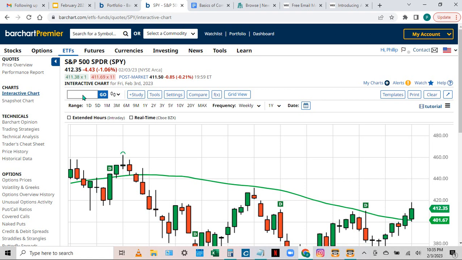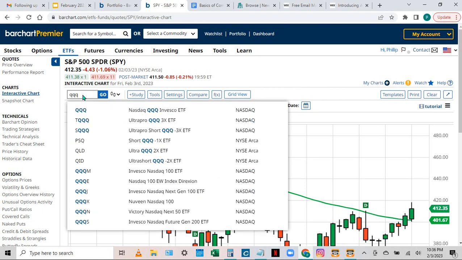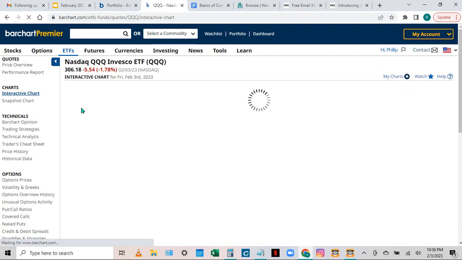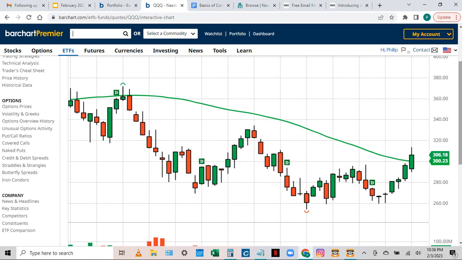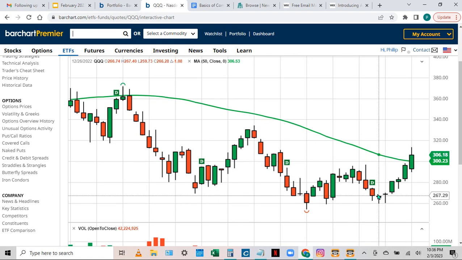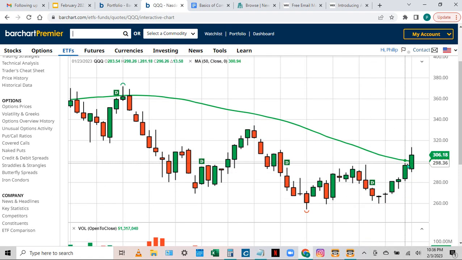Now let's look at the QQQ, the ETF for the NASDAQ. Again, we have a very strong January, right? Weak December, strong January. First week in February, quite strong, going above the moving average, going above this pivot here, closing around this area where prices had sold off before.